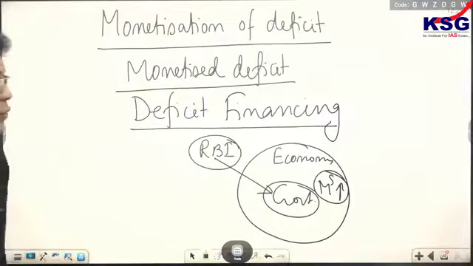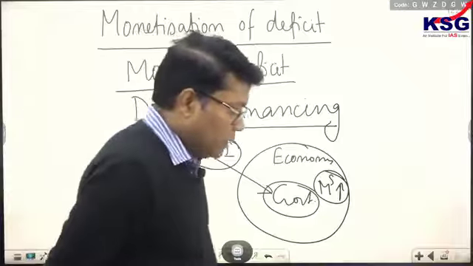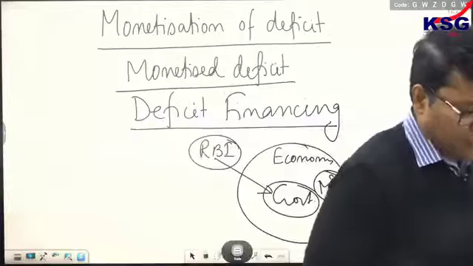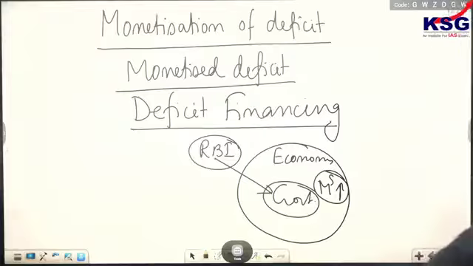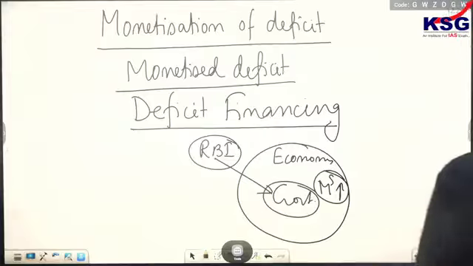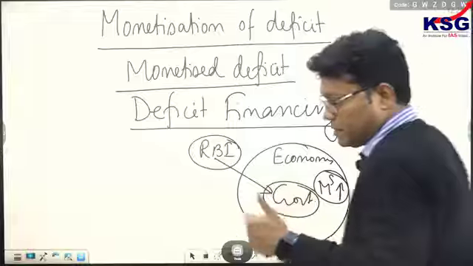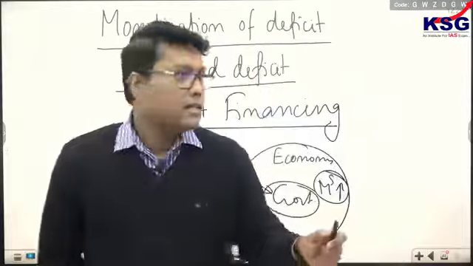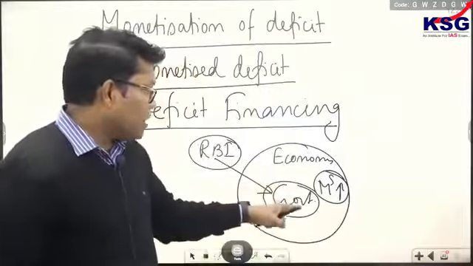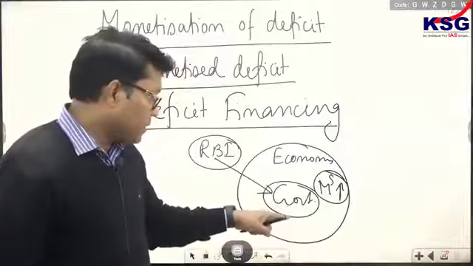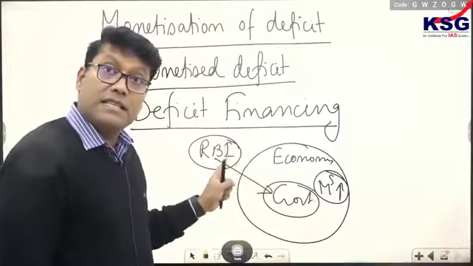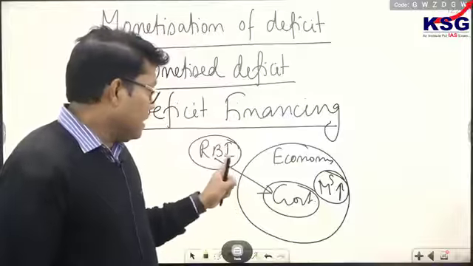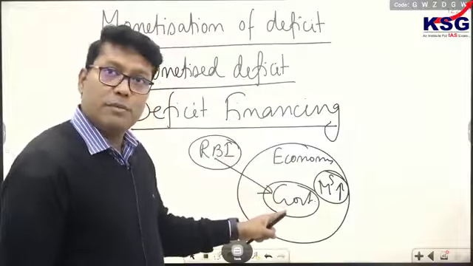If money goes from the economy to the RBI, then there will be a decrease in money supply. Simple argument, simple relationship. Here see, what is happening? The government is facing a higher fiscal deficit. The government borrowed from the RBI. The RBI printed new currency and funded it to the government.